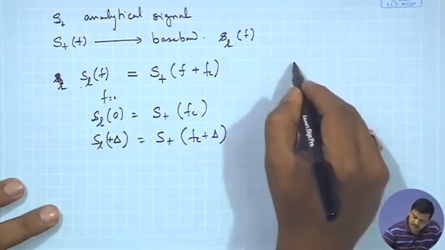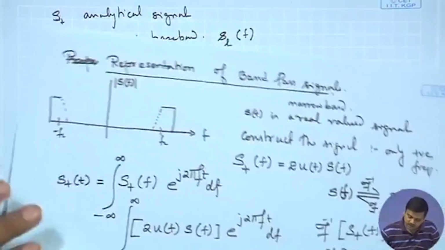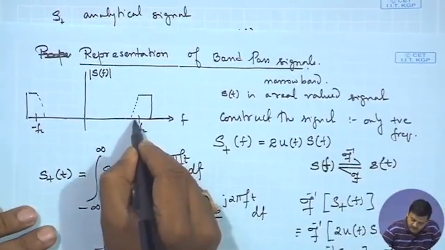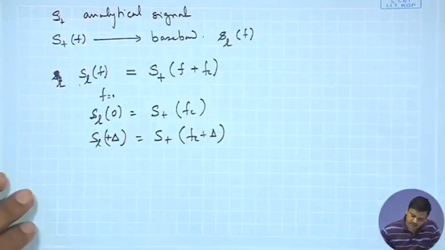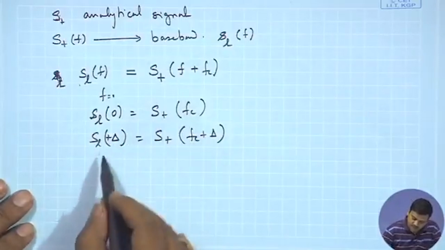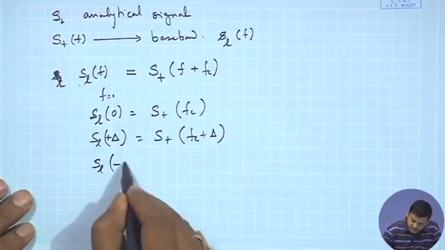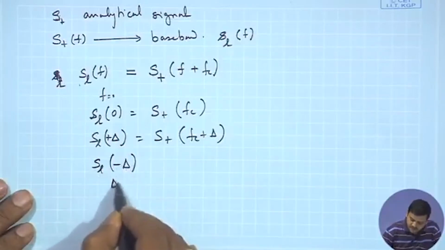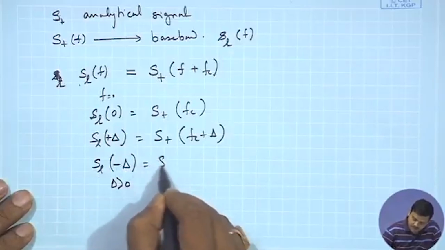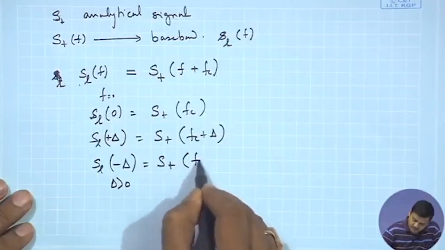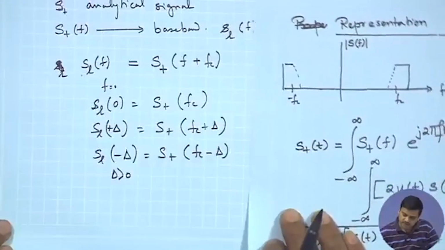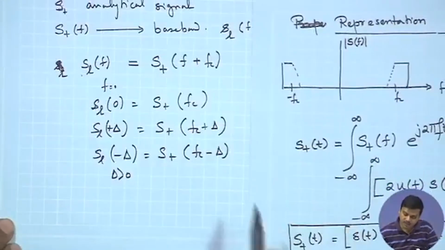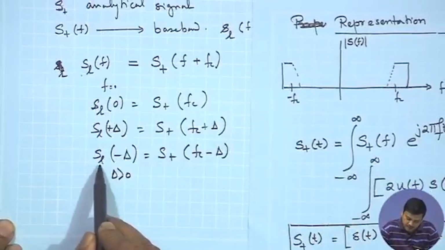So, basically if we go by our picture here, we are talking about bringing this spectrum here as given by this relationship, and if you put S_L of some minus delta, where delta is a positive quantity, you are going to get S_plus of f_c minus delta. So, again if we look at this image, then things will be clear as to what is meant by S_L of f.